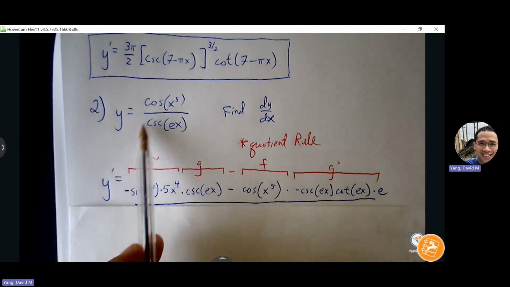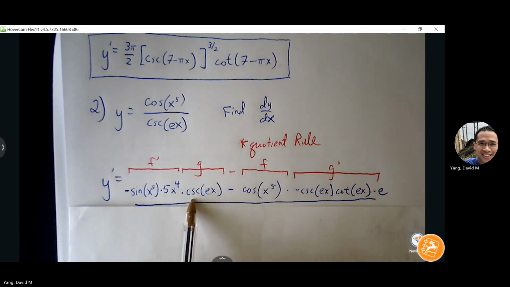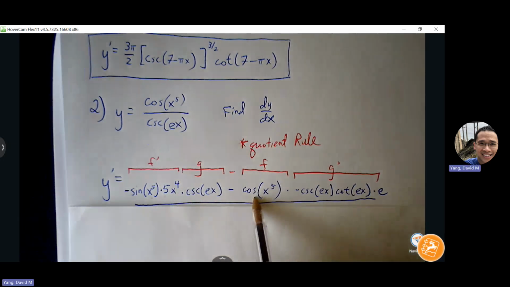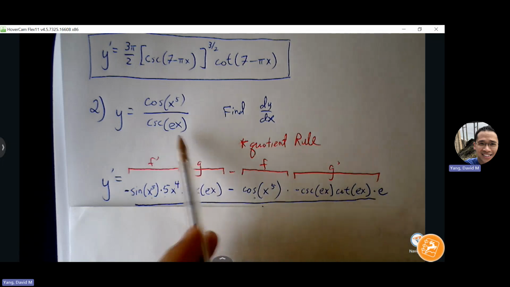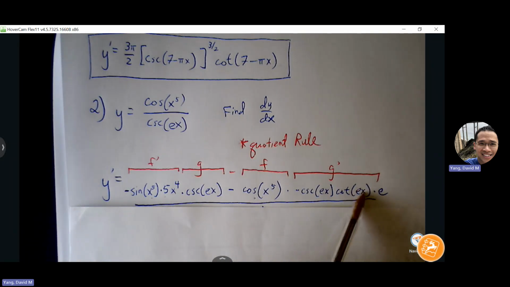So f prime, cosine of x to the fifth becomes negative sine of x to the fifth times 5x to the fourth. G function here, f stays the same, and then g prime, cosecant of u becomes negative cosecant u cotangent u times u prime. e to the x's derivative is just e to the x.